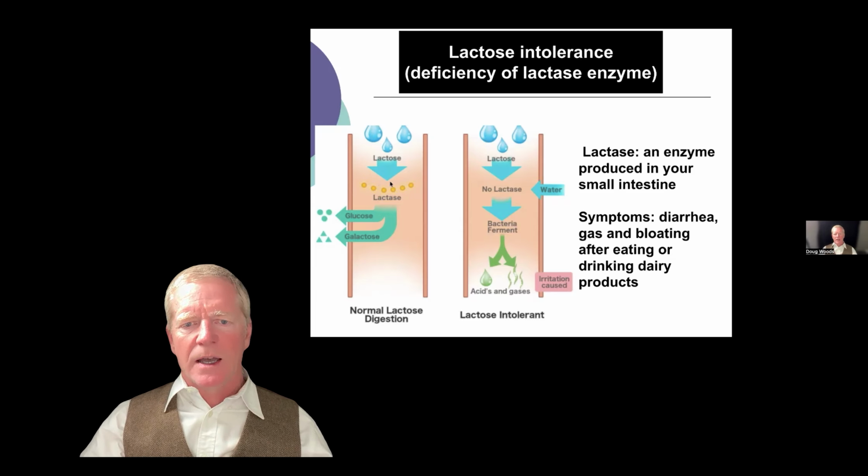As a result, if you are lactose intolerant and you ingest lactose as an adult, but you have no lactase enzyme, then the bacteria in your gut will quite happily ferment this sugar. The bacteria of your microbiome will take that sugar and ferment it, and what they tend to do is produce acid and gas, and this will cause irritation. For a lactose intolerant person, this is uncomfortable and can produce symptoms like diarrhea, bloating, and gas after eating any kind of dairy product.